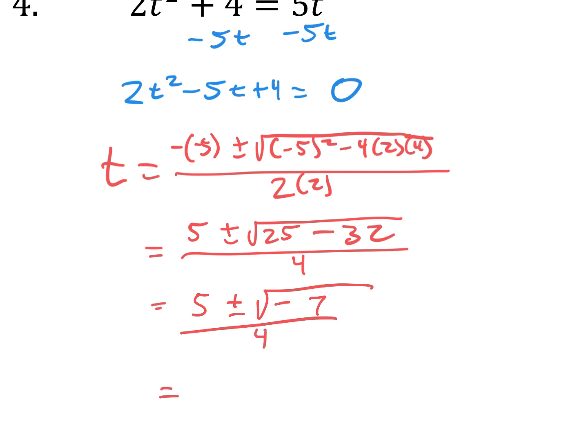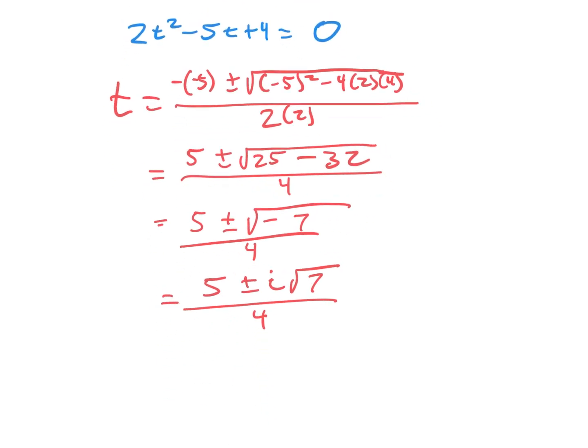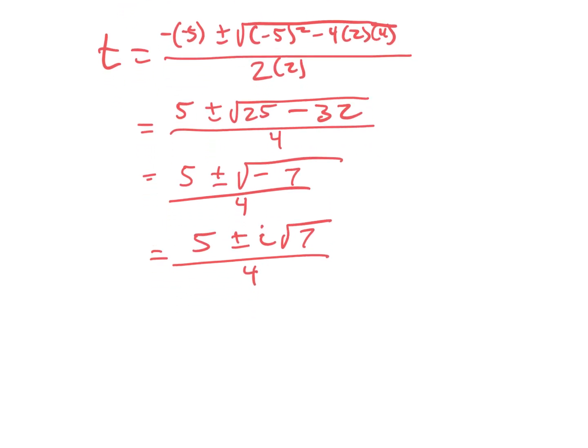So that means we have an imaginary number here. The square root of 7 we cannot simplify, but we can pull that negative 1 out. It becomes an i. Square root of negative 1 is i. And then that's pretty much it.